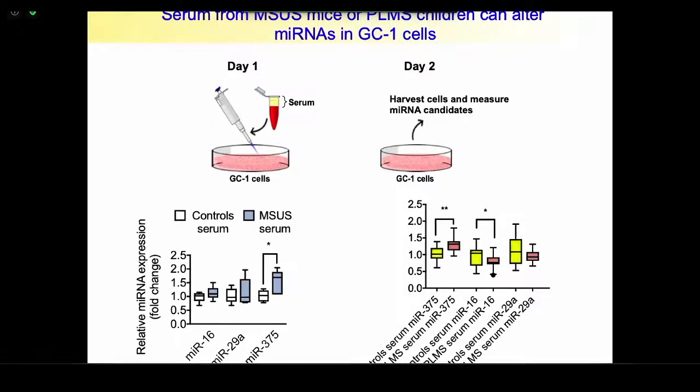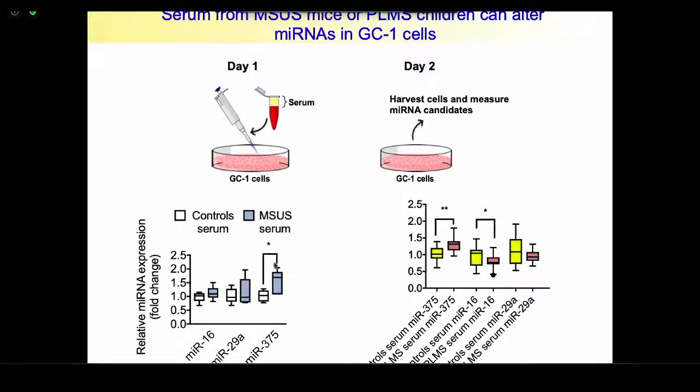You may ask, well, what is the link with the epigenome? What does PPAR activation, or serum itself, possibly through PPAR, do to the epigenome in germ cells? So we have started to address this question by measuring the level of microRNAs in GC1 cells after treatment with serum from either MSUS mice or from traumatized children.